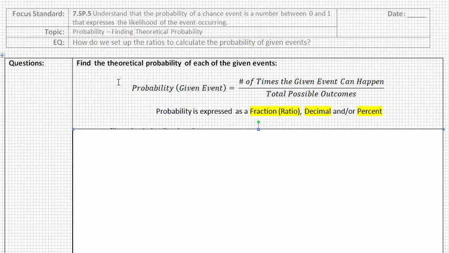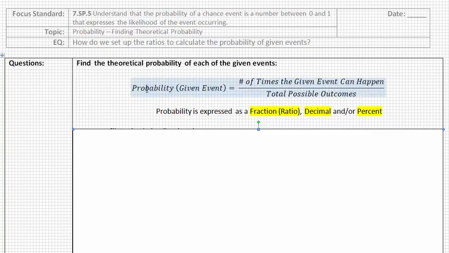We're talking in our essential question about how to set up the ratios. Ratios are just a fancy word for fraction. You'll see this on Khan Academy and throughout your mathematical career that this is the common setup for that ratio. So we write the word probability.